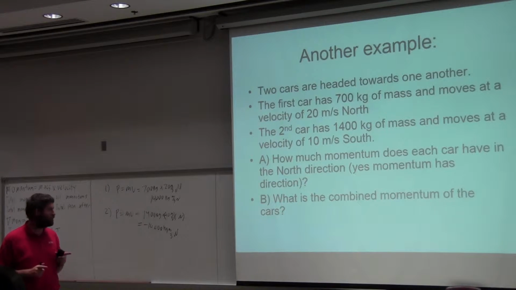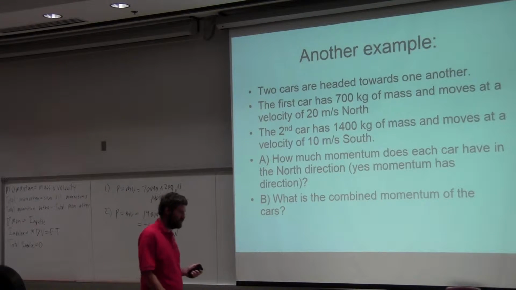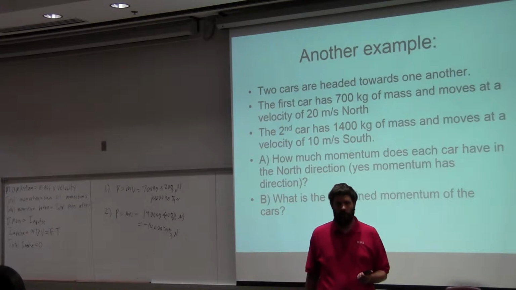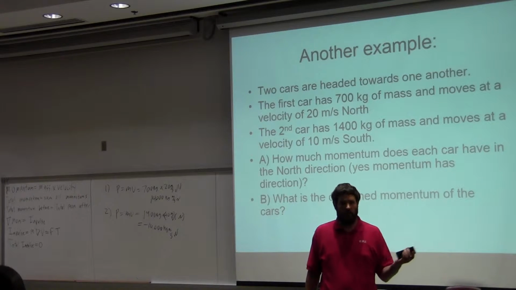If you don't watch direction and you add up the total, you take 14,000 plus 14,000, you have 28,000, and you have grossly overestimated the total momentum of the system. Which means at the end, when you calculate the velocity of some object after a collision, you're going to be way off. And this can lead to problems.